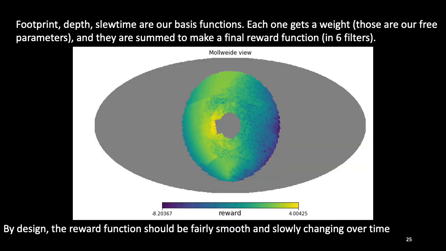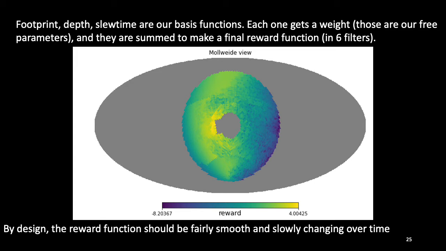All right. Our final reward function is the sum of those basis functions where they've been weighted, and those weights are the free parameters in our AI. And this is what the final reward function looks like in one filter. And you can see there's a nice maximum right there on the east, kind of close to zenith.